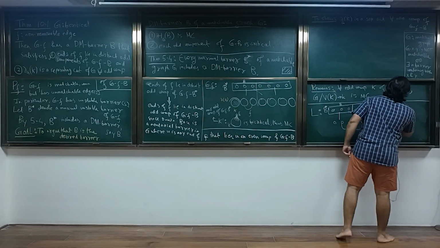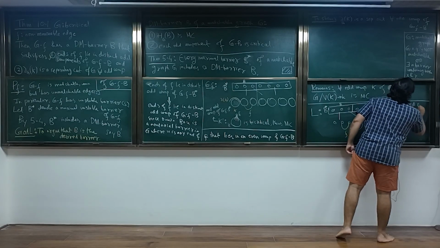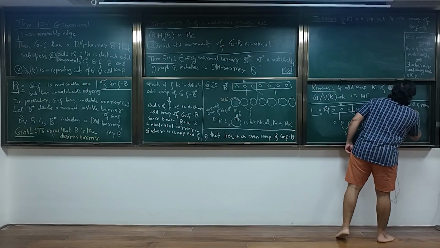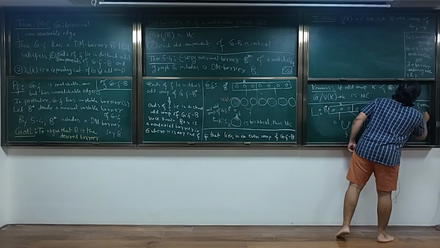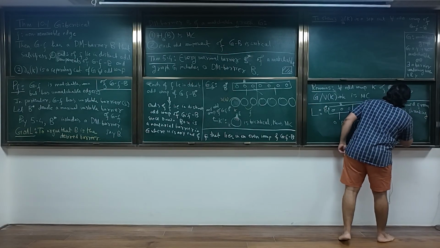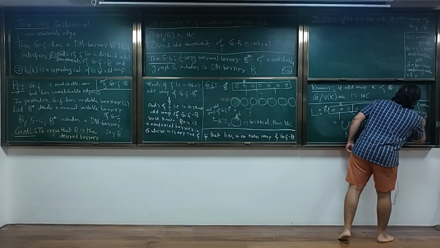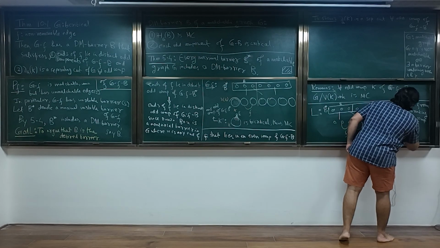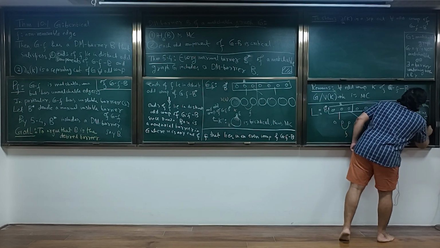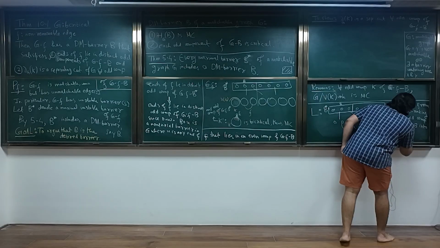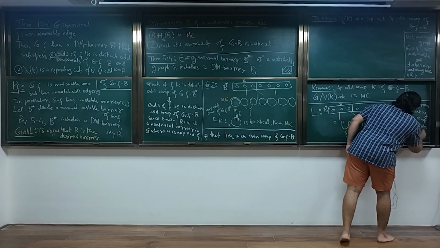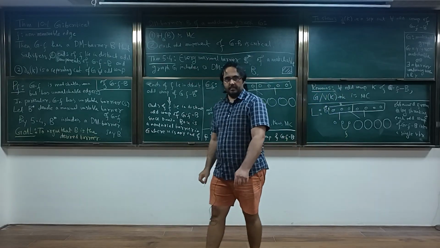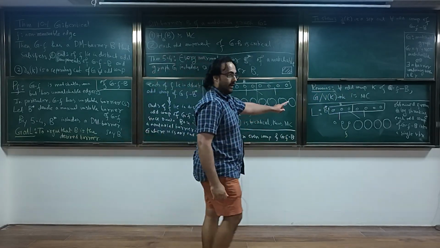Obtained from G by shrinking each odd component of G minus F minus B into a single vertex. So if I have 3 components, I get 3 vertices. Yeah? This is the graph L.